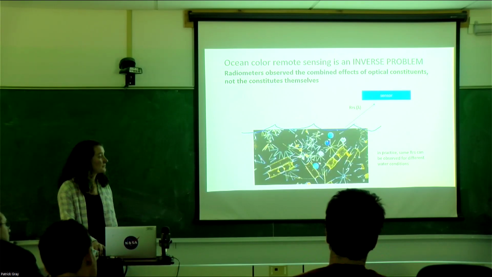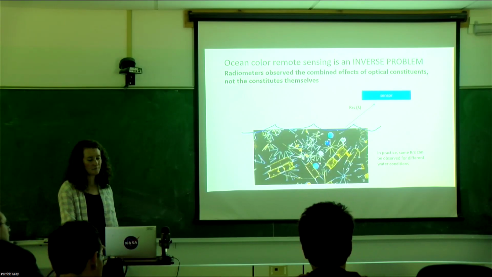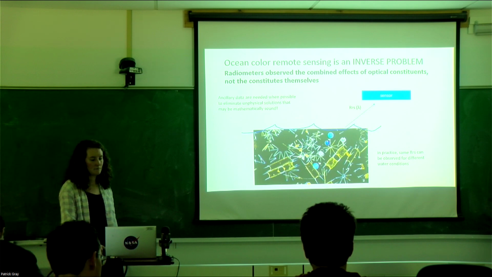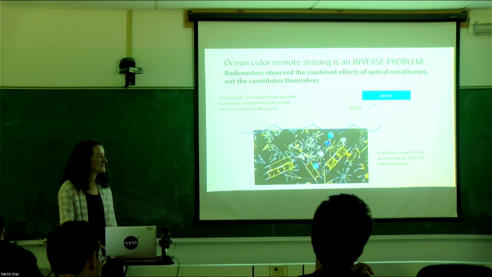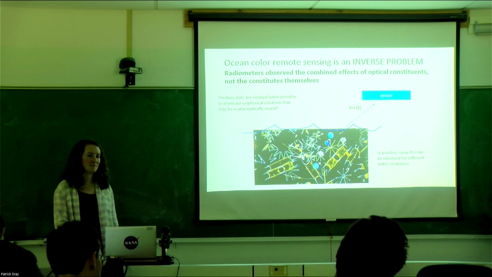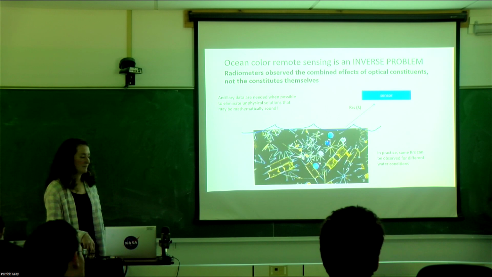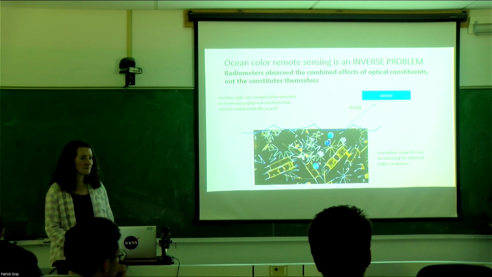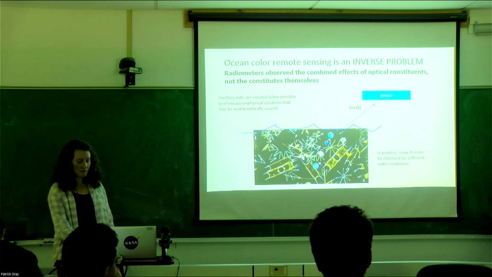Because of that, there are many more parameters we want to derive from the parameter that we have, which makes it an ill-posed problem, but one that can be solved using inversion algorithms. Often ancillary information in the form of empirically derived fits or Bayesian type work can help with this.